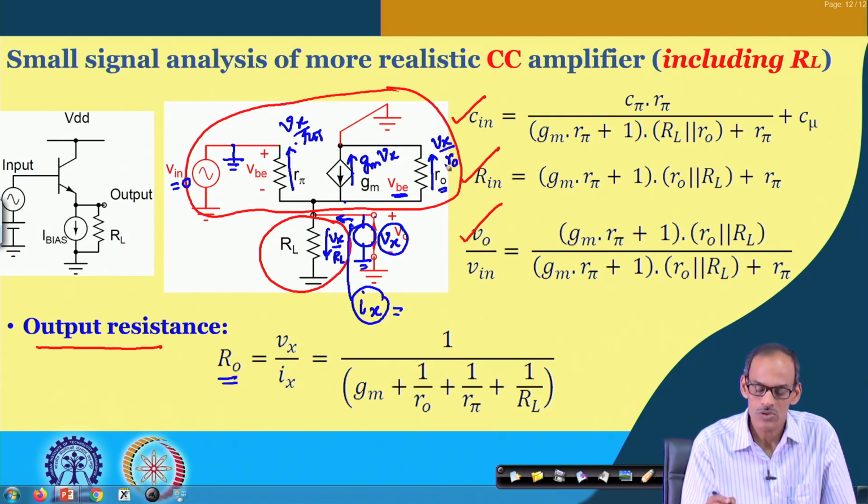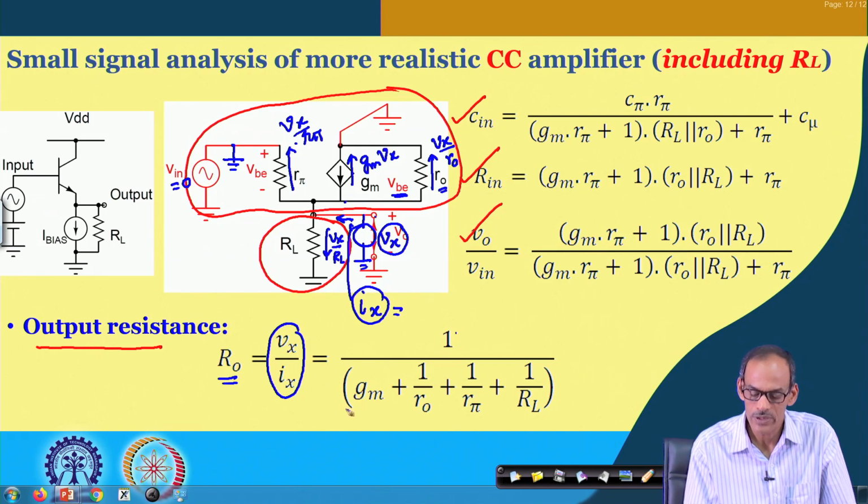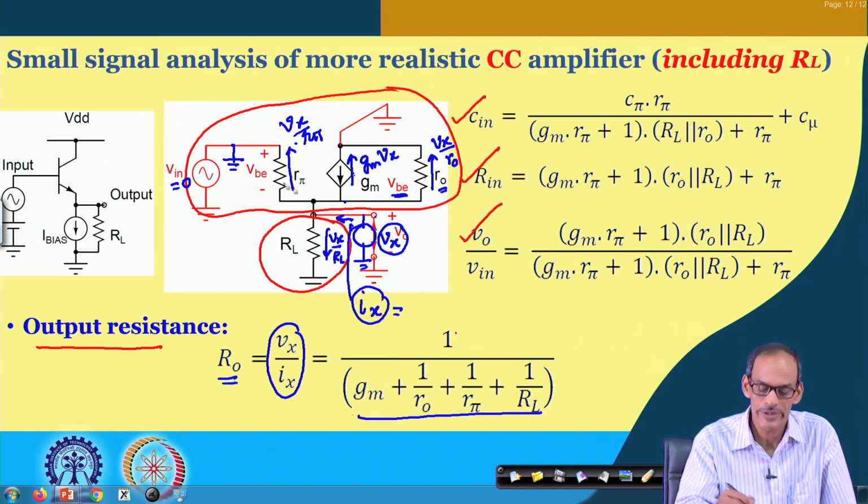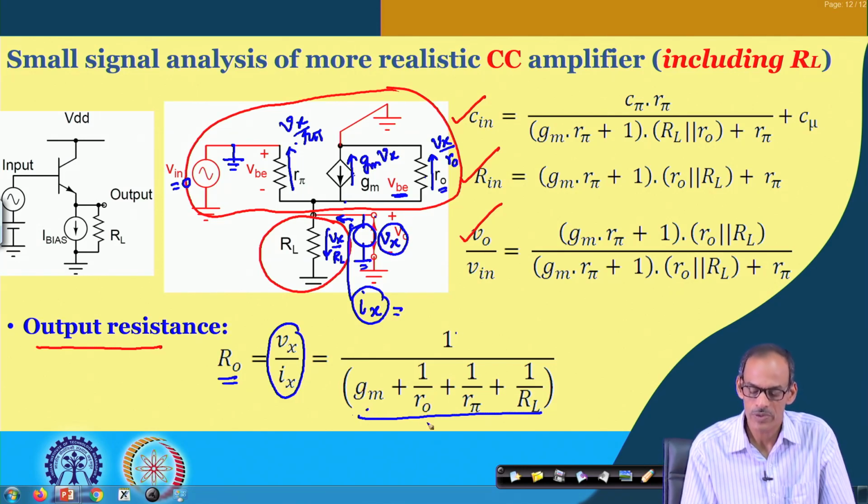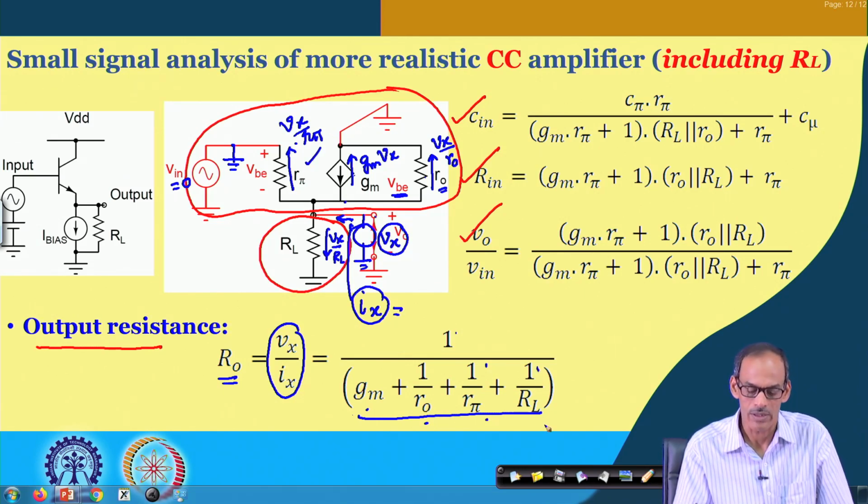And so, if you simplify that, what you will be getting is that the output resistance is the reciprocal of the total conductance coming from all these 4 elements. One is the Gm part, another one is 1 by R naught, then another one is 1 by R pi here, and then 1 by RL.